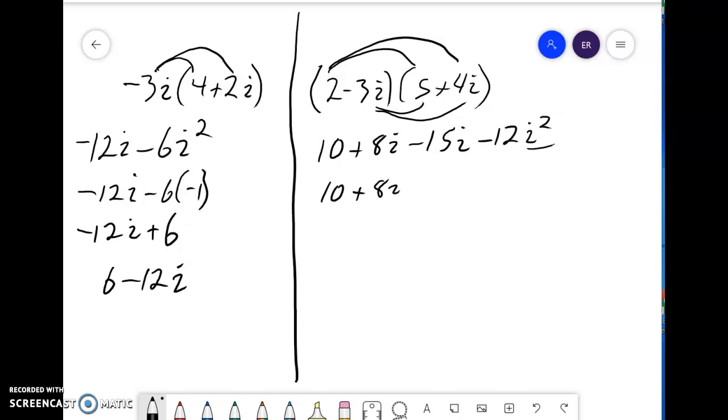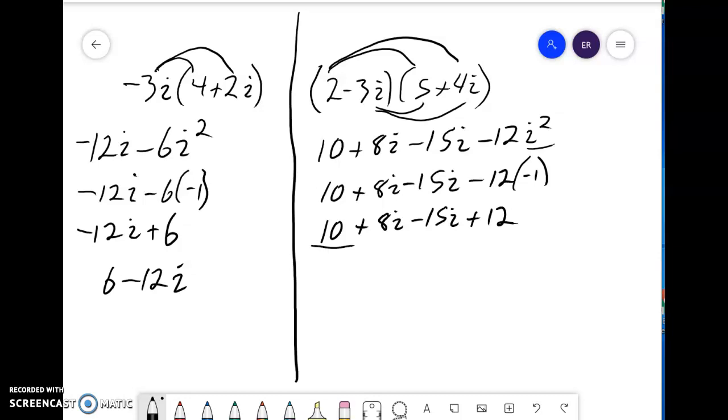We're going to change the i squared into what? Into negative 1. If you can do these two steps in one step when you're writing them, that's fine. Then we combine the real parts and we combine the imaginary parts.